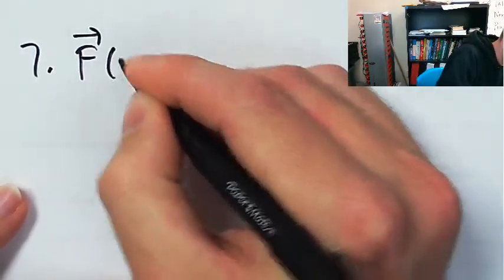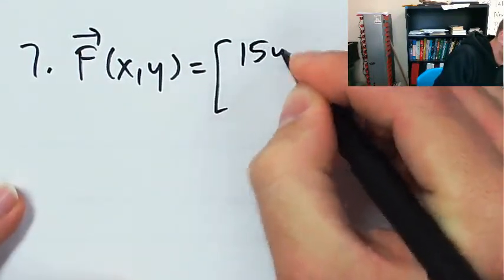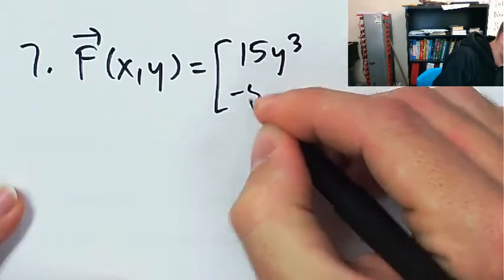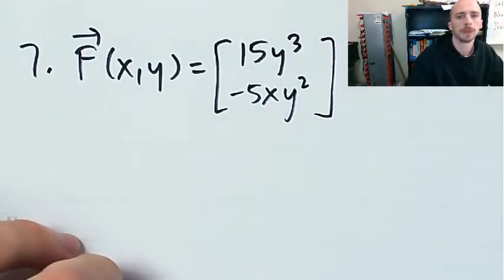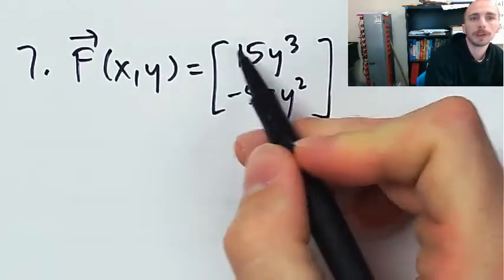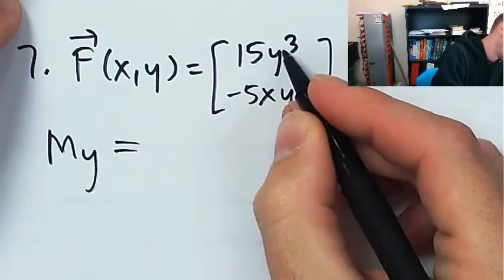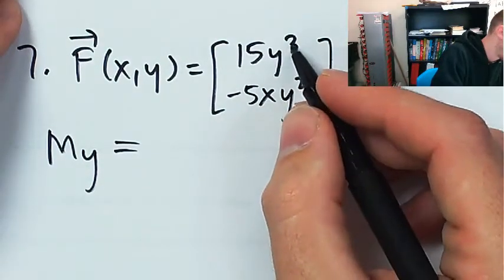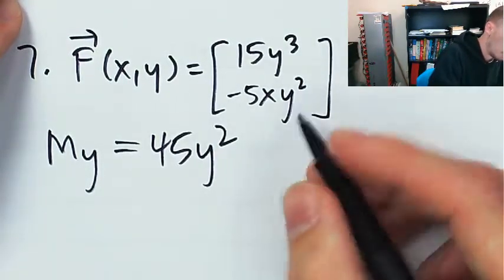Okay, so for number 7, we've got this, and we're going to say this is M and this is N. So M sub y equals 15 times 3, which is 45 y squared.